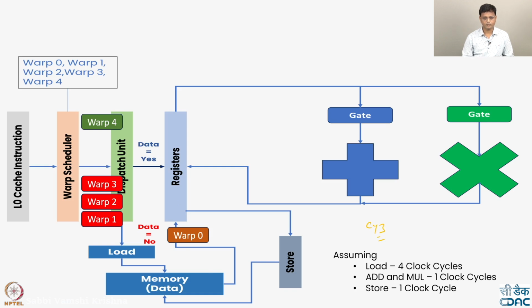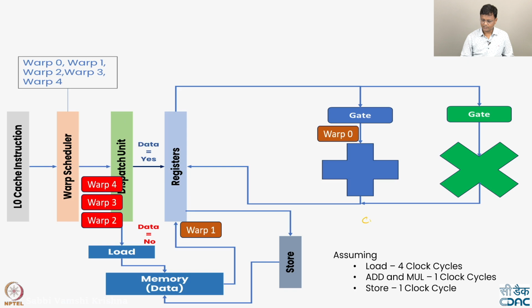Warp 1, 2 and 3 are waiting for the data to be loaded into the register, and at the same time warp 4 comes to the dispatch unit and checks whether its data is present or not.